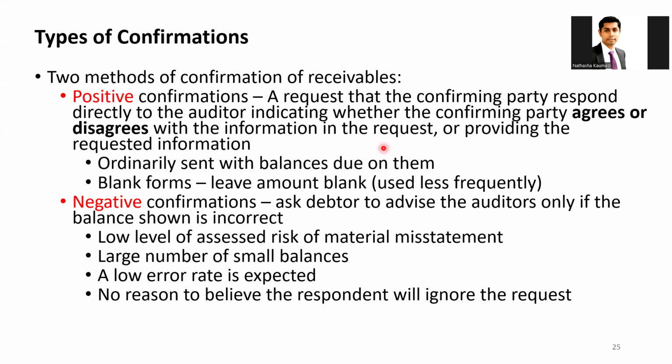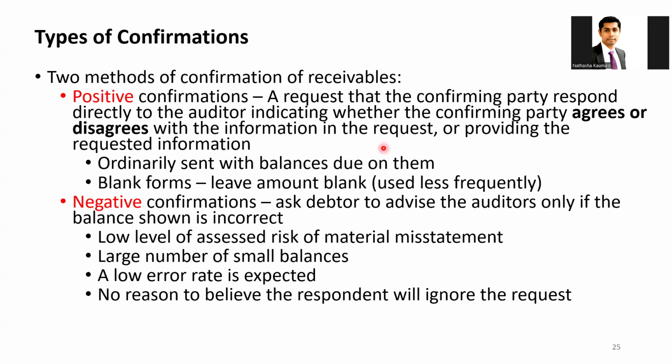That means, let's say we are the auditors and our client's debtor is ABC company. With the help of the client, auditors are sending the confirmation request letter to ABC company. We are requesting ABC company to respond to this request letter, confirming whether they agree or disagree with this number.